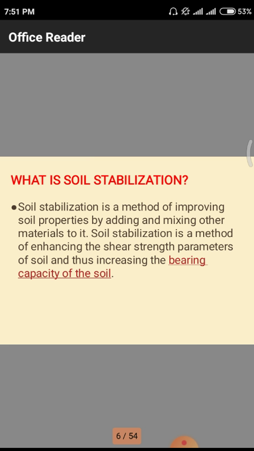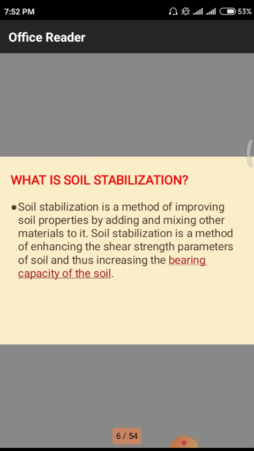By conducting those kinds of stabilizations, definitely we will improve the bearing capacity. In what way we have to use this bearing capacity? If we want to construct a huge structure, definitely the soil should have good bearing properties, then only we proceed with our construction. Without bearing capacity we won't go for construction.